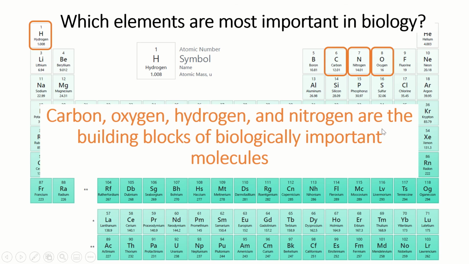All right, now the most important elements in biology are carbon, oxygen, nitrogen, and hydrogen. Those are the 4 that we need to worry about. And we'll come back to this and talk about how their position on the periodic table explains how many electrons they have, and that explains a lot of the characteristics of those elements.